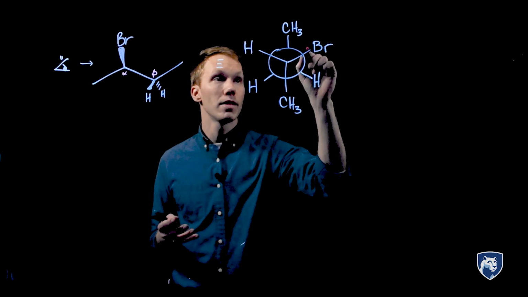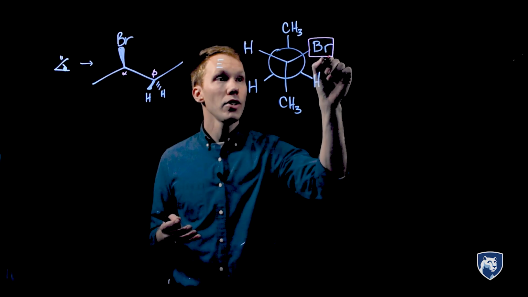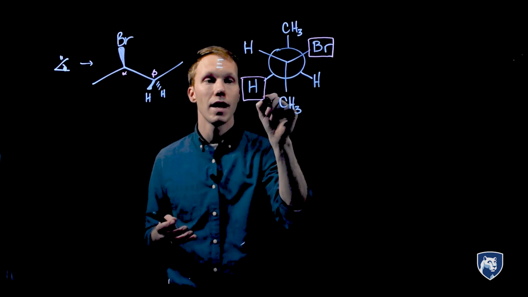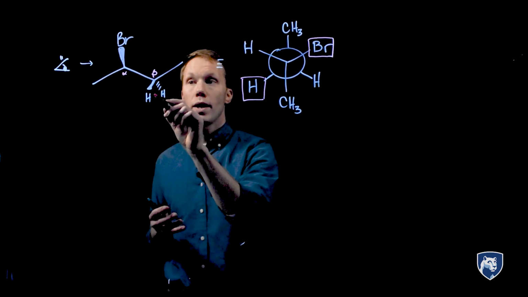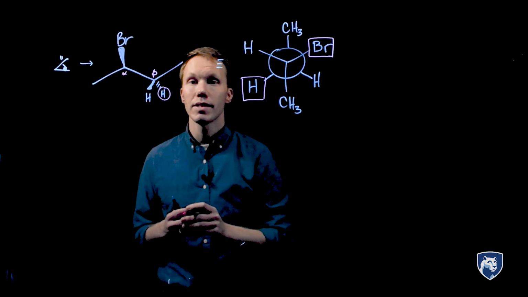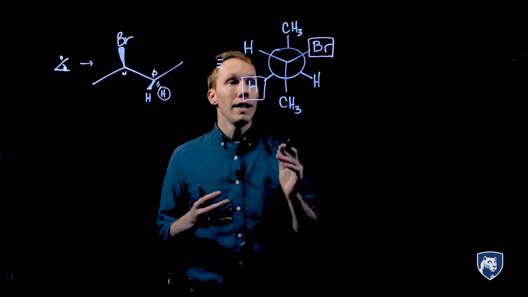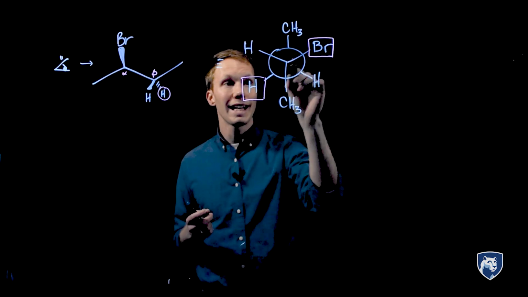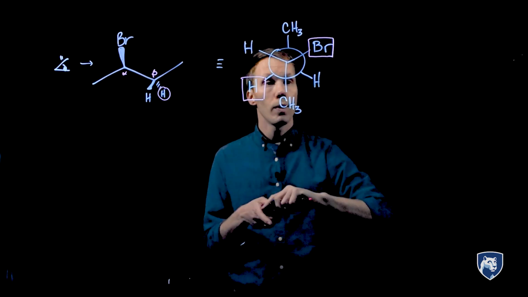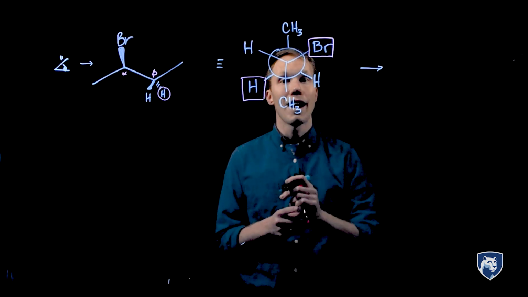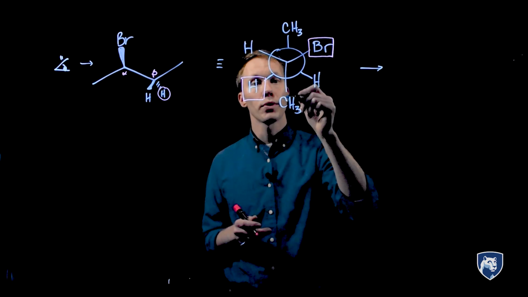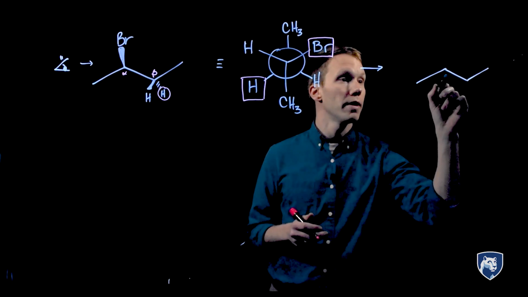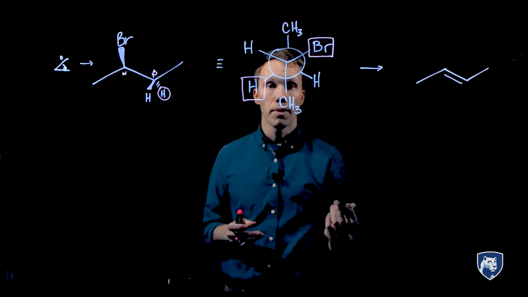Our leaving group is the bromine, and 180 degrees, or anti to that bromine, is the hydrogen, and that is one of our beta hydrogens, specifically this beta hydrogen. If this molecule undergoes an E2 elimination, which it can in this relationship, we would get an E-alkene. These two methyl groups are on opposite faces and will remain on opposite faces in our alkene product.